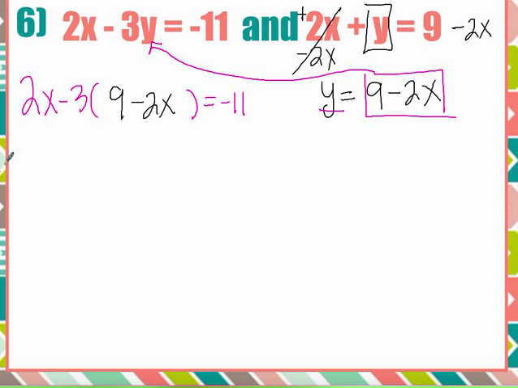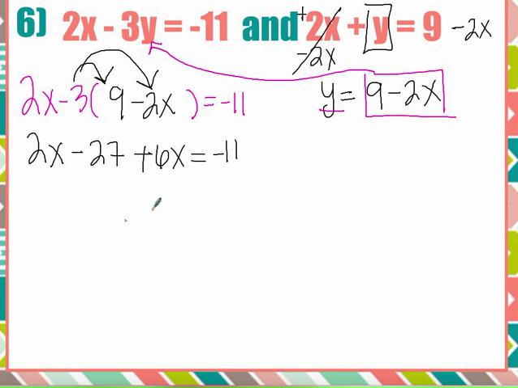Now we're going to solve it for our x variable by distributing the 3 first. We've got 2x, and negative 3 times 9 is going to give us a negative 27. Negative 3 times negative 2x is going to give us plus 6x equals negative 11. We're going to combine our like terms on this side. 2x plus 6x gives us 8x minus 27 equals negative 11.